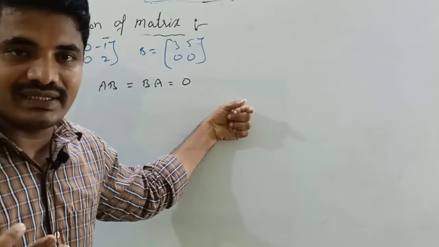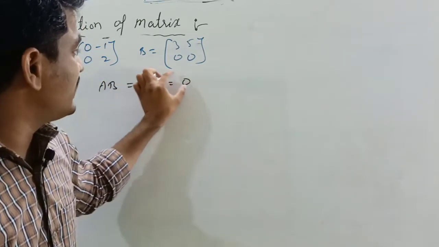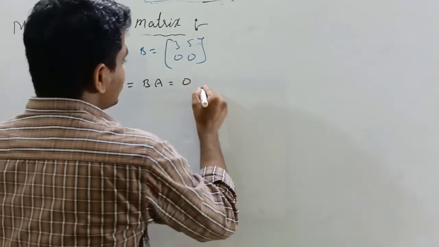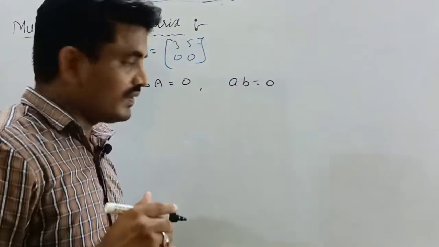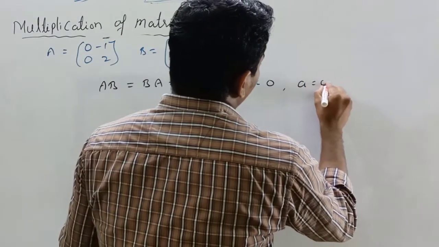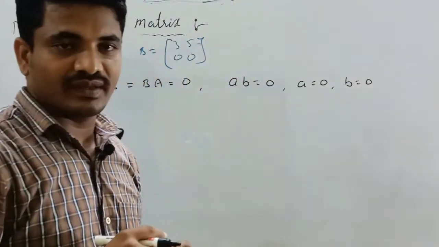So AB equals null matrix and BA equals null matrix. But in algebra, we know if AB equals 0, we say A equals 0 or B equals 0.